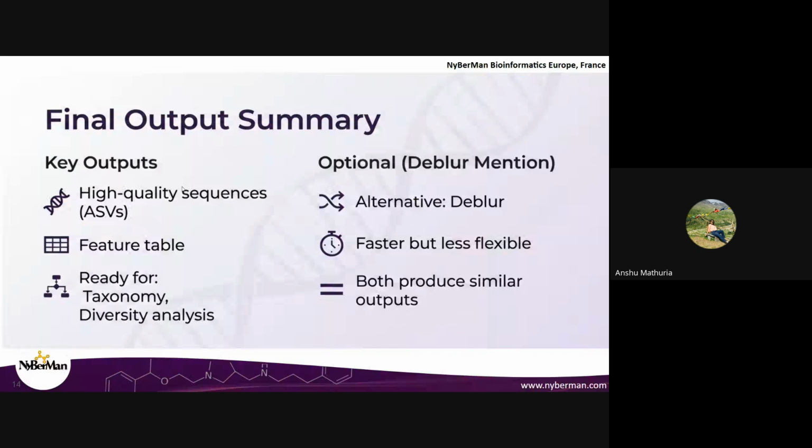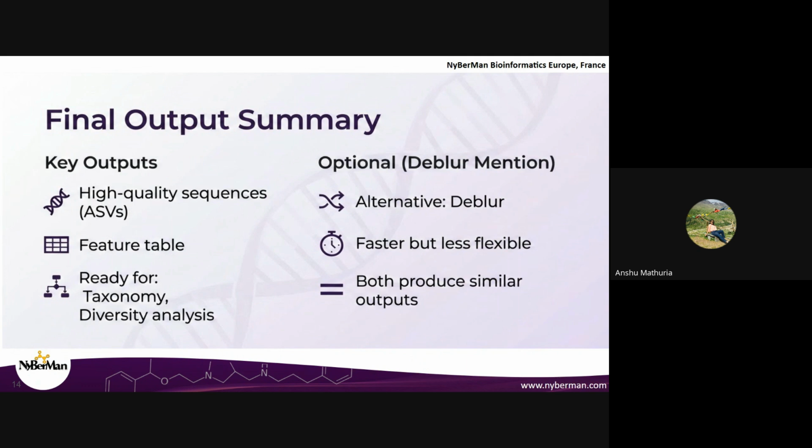So now what outputs did we get? First, we got the high-quality sequences, the ASVs, where each and every sequence is properly corrected, and they are presented individually with high quality and high resolution.